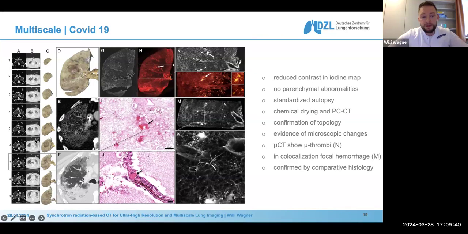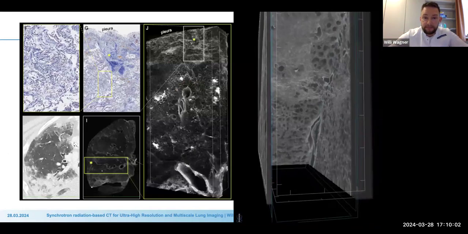Because we integrate the information and know exactly where we are in our specimen, we are able to draw conclusions. We found microbleeds, microangiopathy, and microthrombi, meaning a clotting of the very small blood vessels.